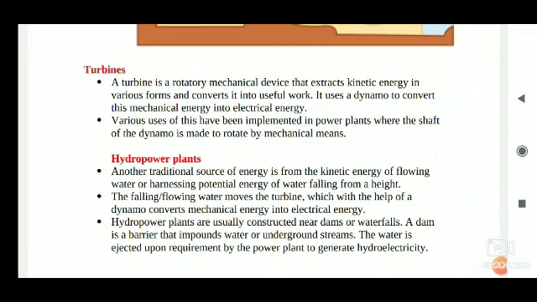You all have studied kinetic energy in class 9th. What is kinetic energy? Kinetic energy is the energy by virtue of the motion of the object. If a thing is in motion, it possesses kinetic energy. Various uses of this have been implemented in power plants where the shaft of the dynamo is made to rotate by mechanical means.